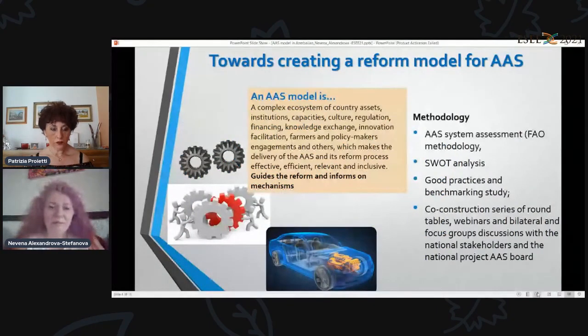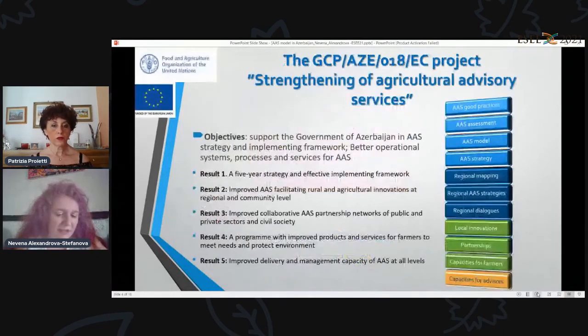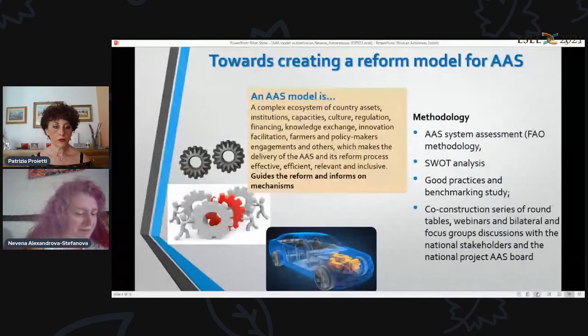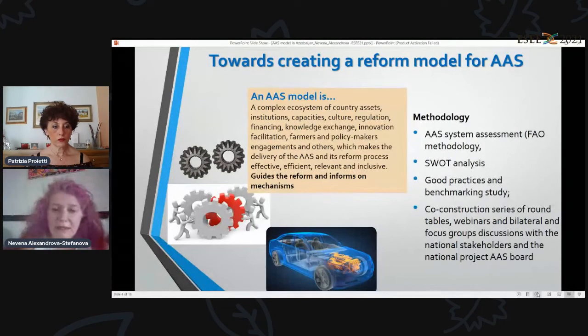Of course, this poses a challenge to the development actors to try to advise the government to create a reform model that is the best fit to Azeri conditions. What is an agricultural advisory service model?